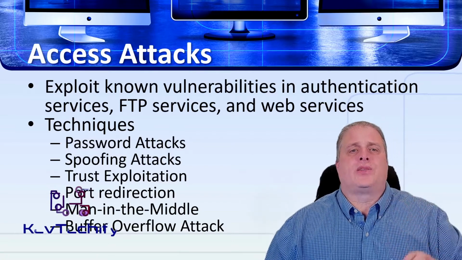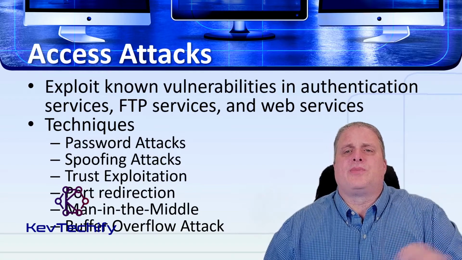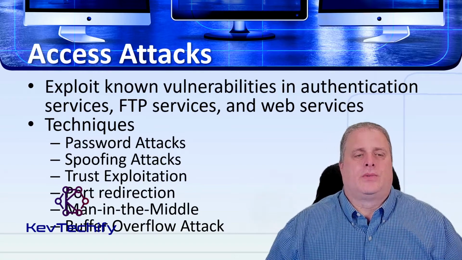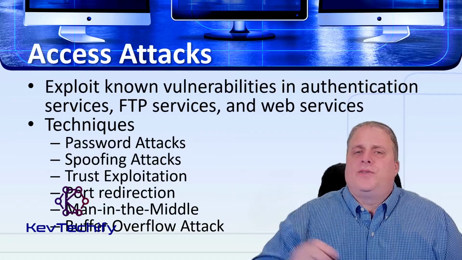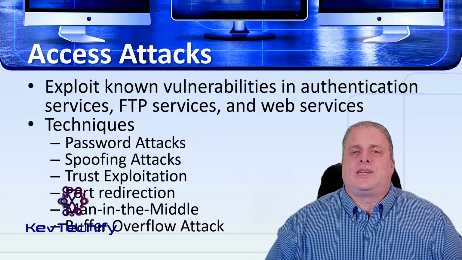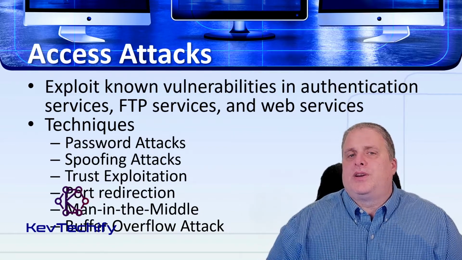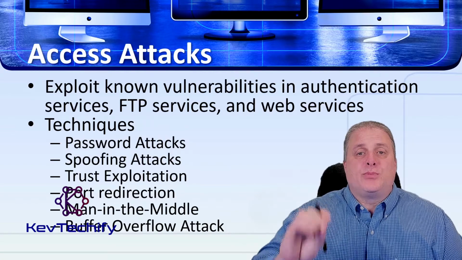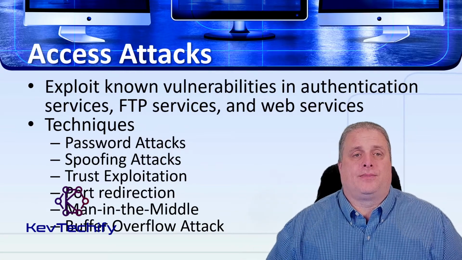First one here is a password attack, where the threat actor attempts to discover critical system passwords using different methods. The second technique is a spoofing attack. In these spoofing attacks, the threat actor's device attempts to pose as another device by falsifying data. Common spoofing attacks include IP spoofing, MAC spoofing, and DHCP spoofing.